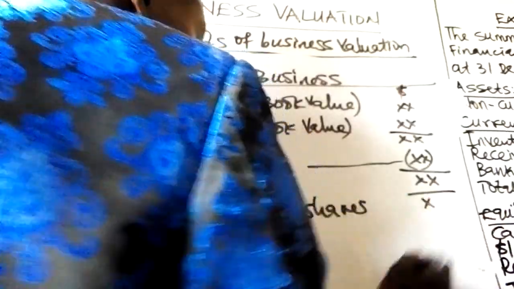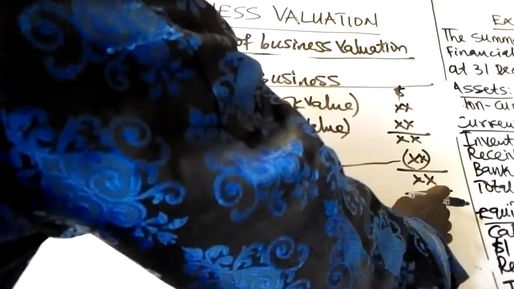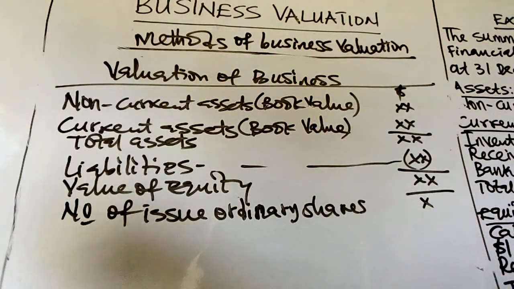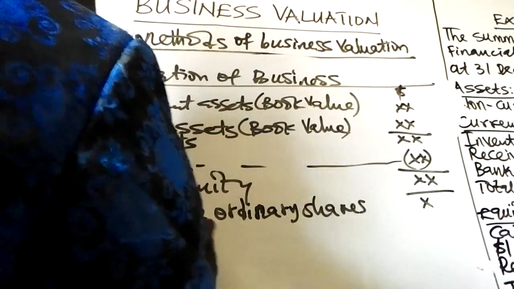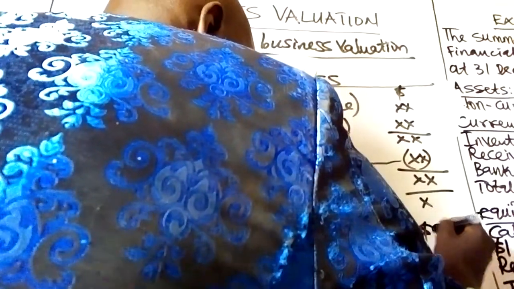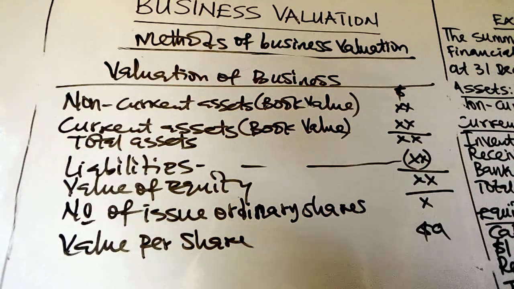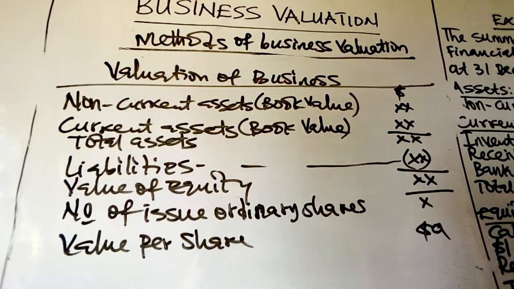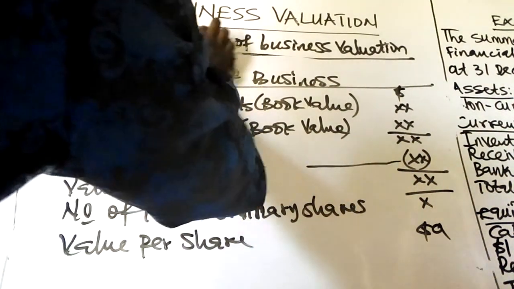Maybe you issued X ordinary shares. When you divide the value of equity by the number of issued ordinary shares, then you get value per share, which will be maybe $1 or $0.08, or it may be in naira or kobo. So that is the value of the business using the book value approach or method.